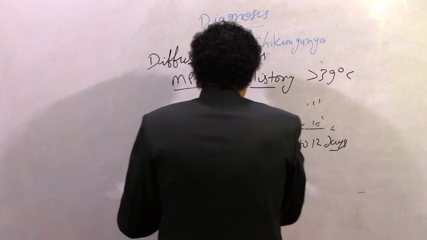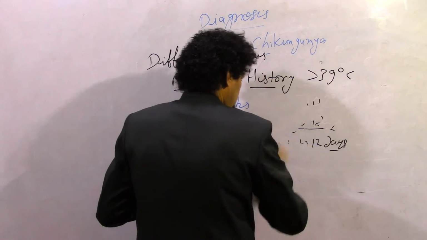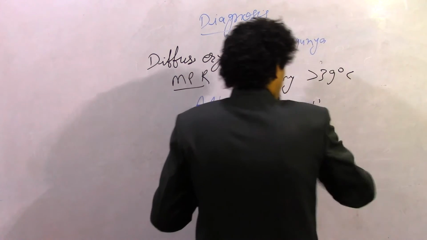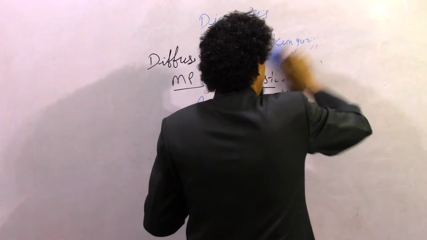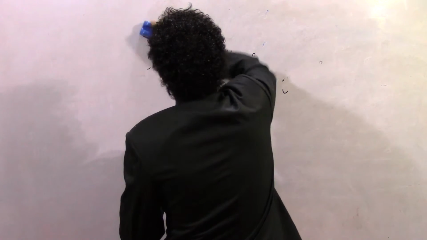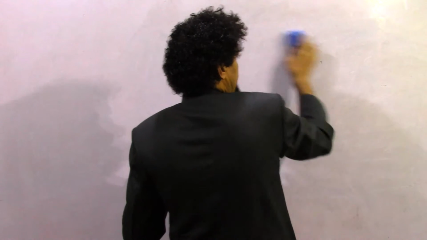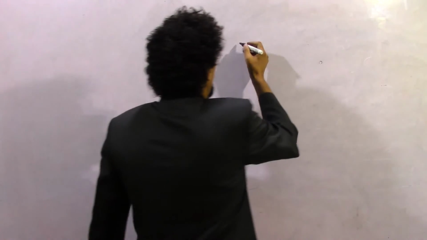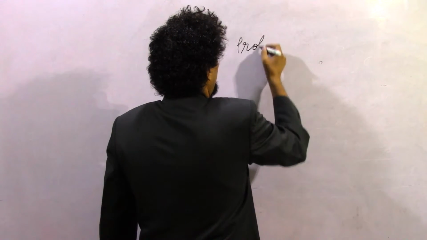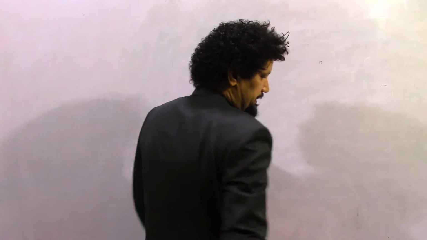But the diagnosis is made on the basis of different criteria. One of them is history taking, the other is the lab diagnosis, but the cases of chikungunya are divided into three types: probable cases, suspected cases, and the confirmed cases.